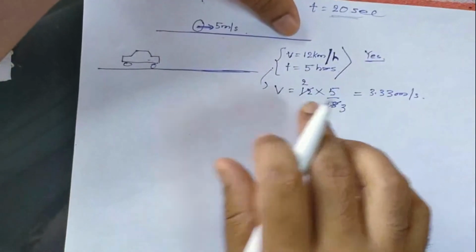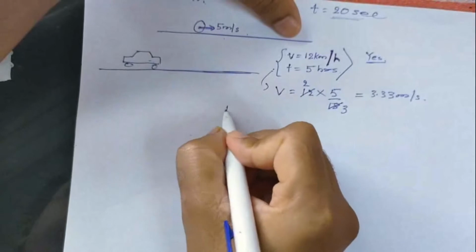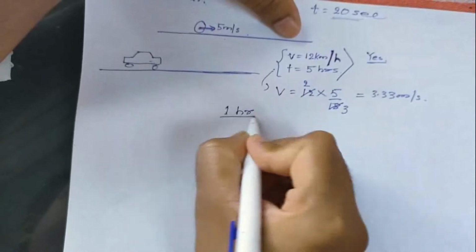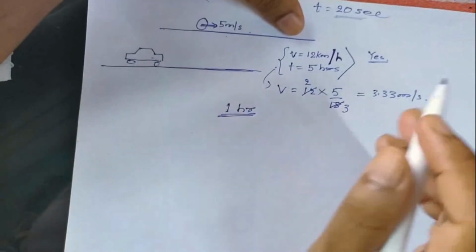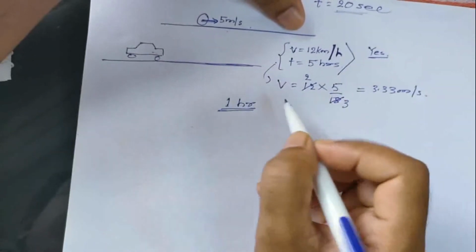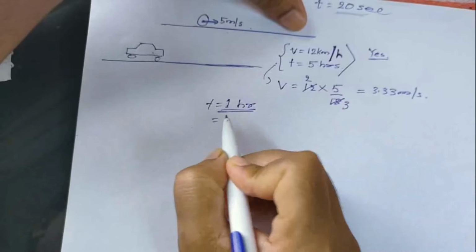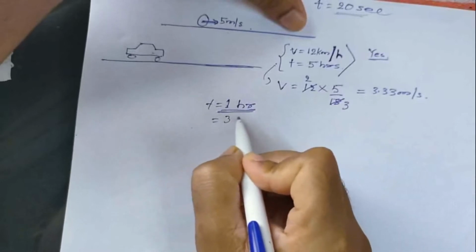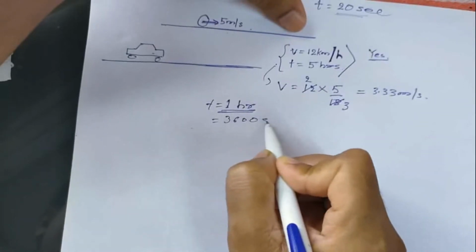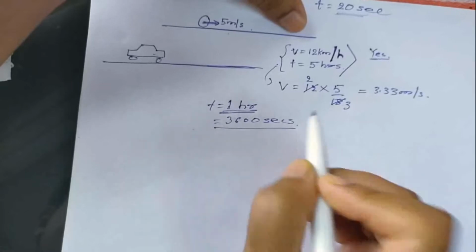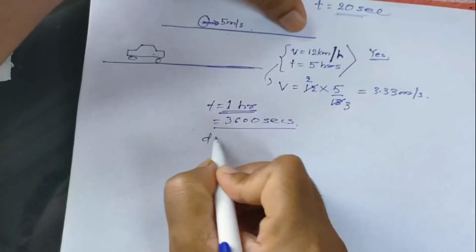Let us analyze the motion of this car for just 1 hour. So in 1 hour, what is 1 hour? If you convert it into second, it will come out to be 3600 seconds. And how much is the distance you have covered?